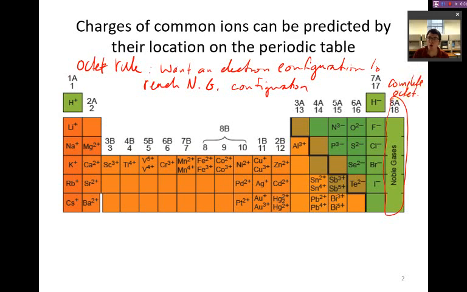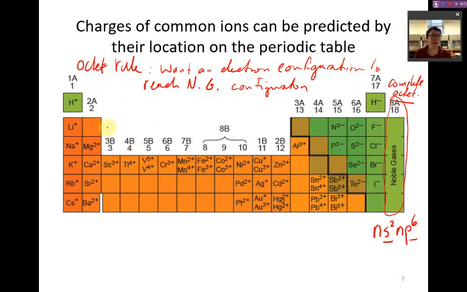In other words, when you look at their configuration, they all have ns2 np6 configurations. In other words, we have 8 complete electrons in their outer shell, hence octet. And this turns out to be the most stable type of configuration.